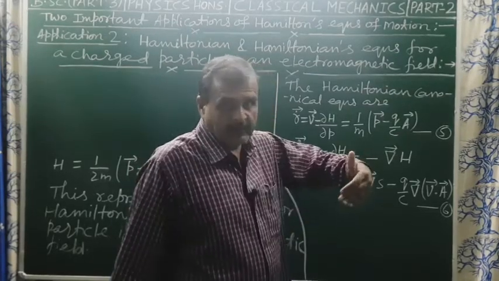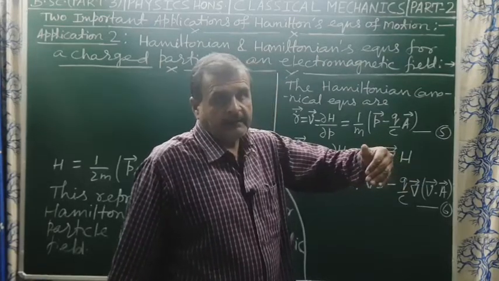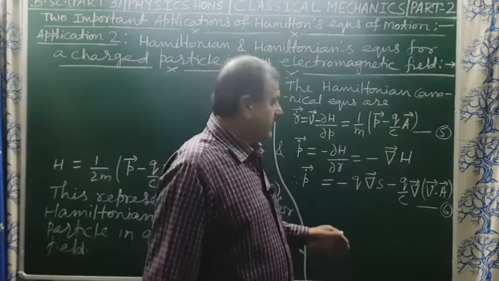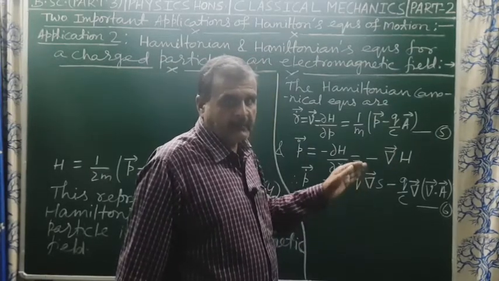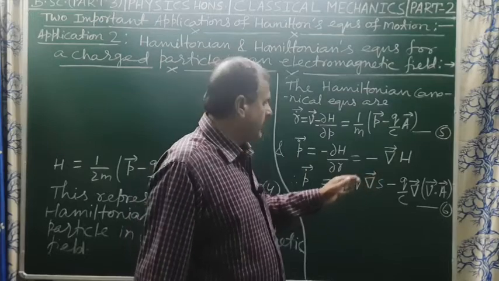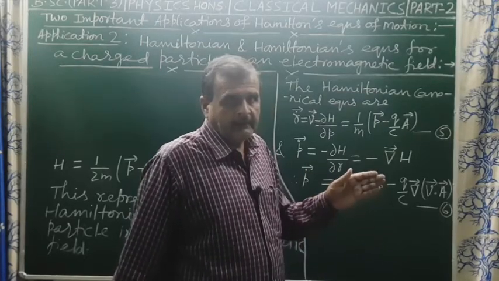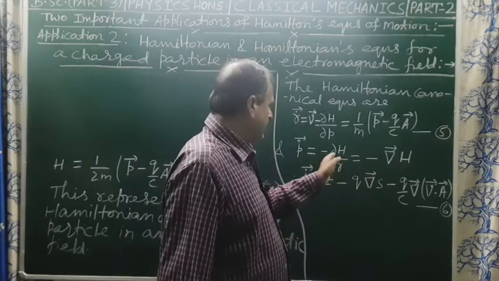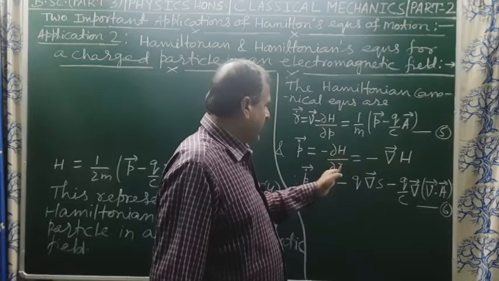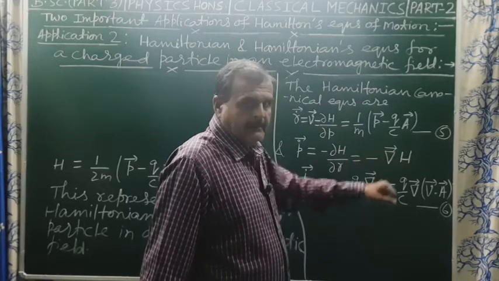For one dimension along the x-axis, ∂/∂r can be written as ∂/∂x. But for three dimensions, the del operator is equal to i cap ∂/∂x plus j cap ∂/∂y plus k cap ∂/∂z. So we can write minus ∂H/∂r equals minus grad H.